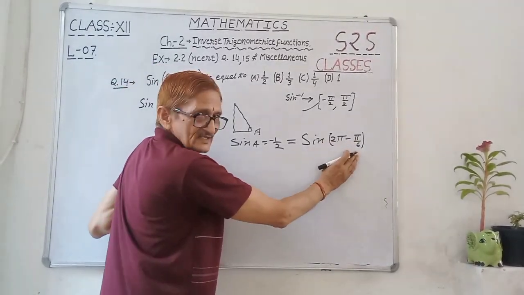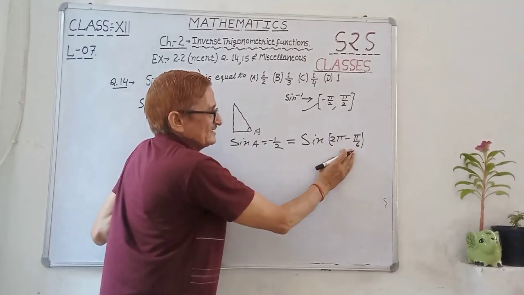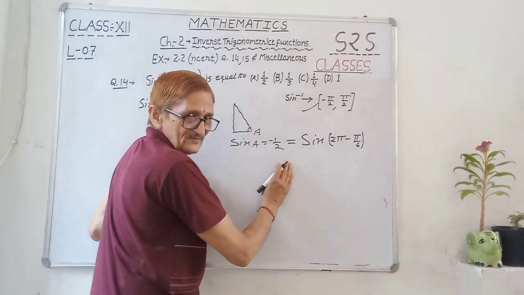So sine A is minus half. Sine of 30 degrees is half, and 30 degrees means pi by 6. So sine of 2 pi minus theta is minus sine pi by 6, and minus sine pi by 6 is minus half.